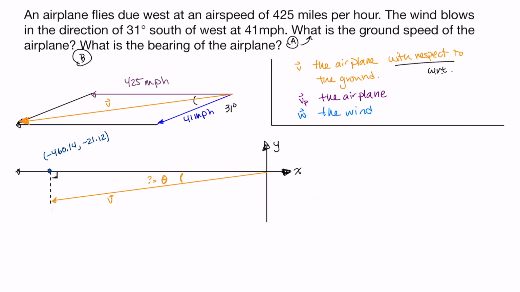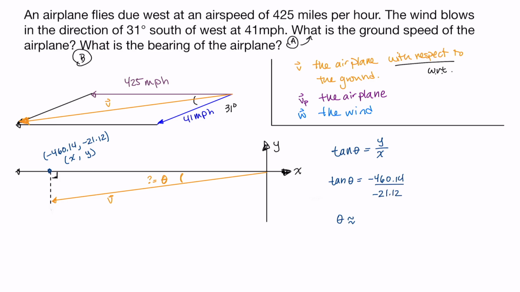So now we can use trig. Since we have an x value and a y value, remember that the tangent of an angle, tangent of theta, is equal to the opposite over the adjacent, the y value over the x value. So tangent of theta, which we don't know yet, is equal to negative 460.14 divided by negative 21.12.